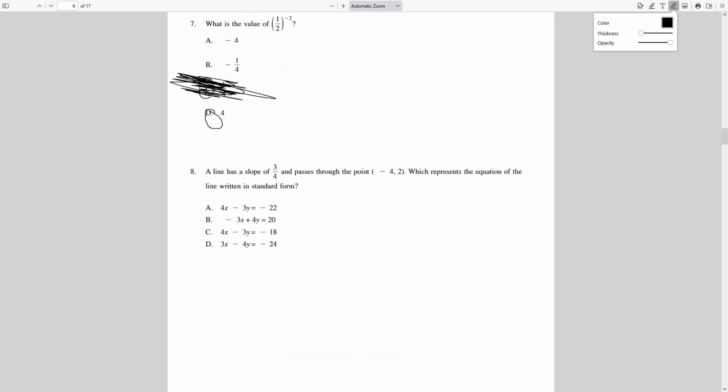A line has a slope of 3/4 and it passes through the point -4, 2. Which representation of the equation is written in standard form? Hmm. Well, I can plug these in, because I have the coordinates, so maybe that'll work.